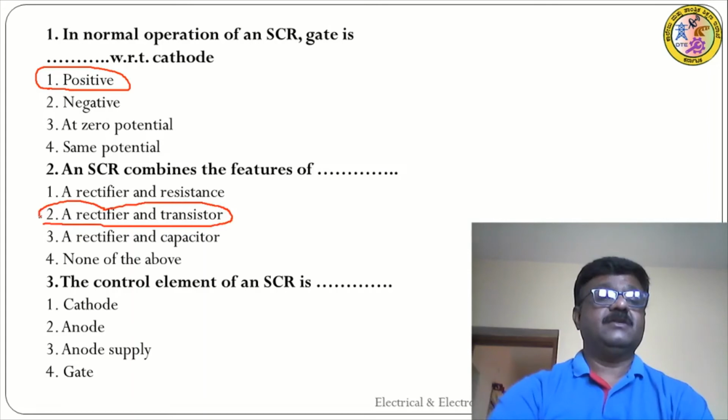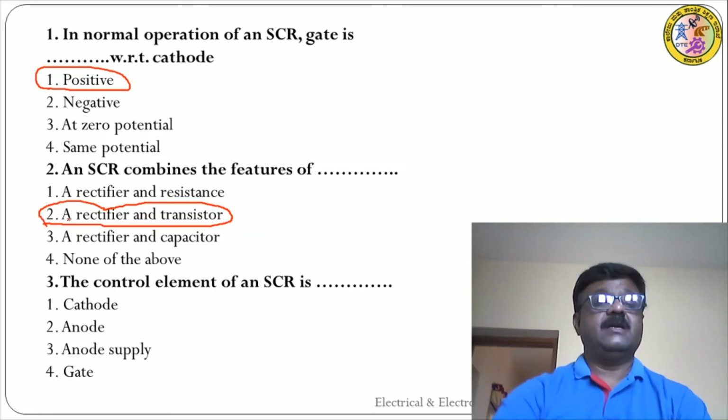If you know a one-direction device, that's a rectifier, and it is a gate controlled device, like how a transistor is a base controlled device. So the second option is correct, a rectifier and transistor.